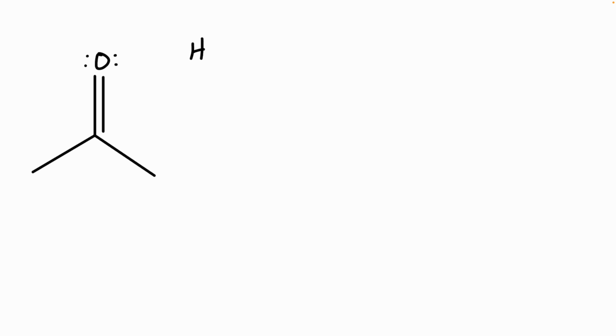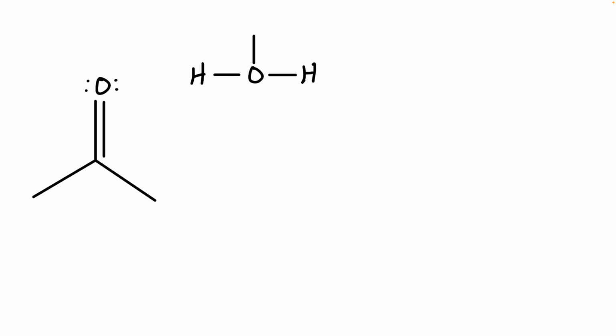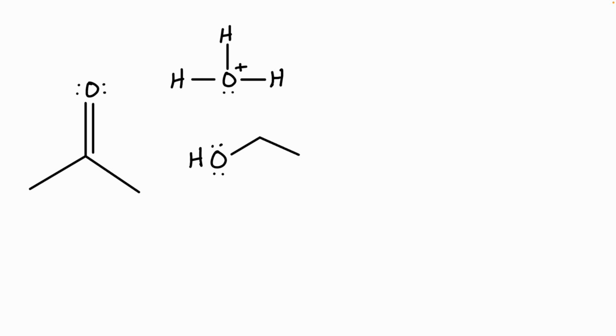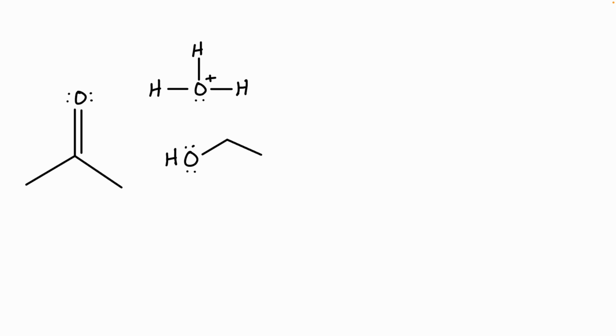I'm going to put it in acidic conditions. But in this case, instead of water being my nucleophile, I'm going to have this alcohol. All right, and given what we've discussed up until this point, I want everybody to try to predict what they think is going to happen here. I want the full mechanism here of this reaction.